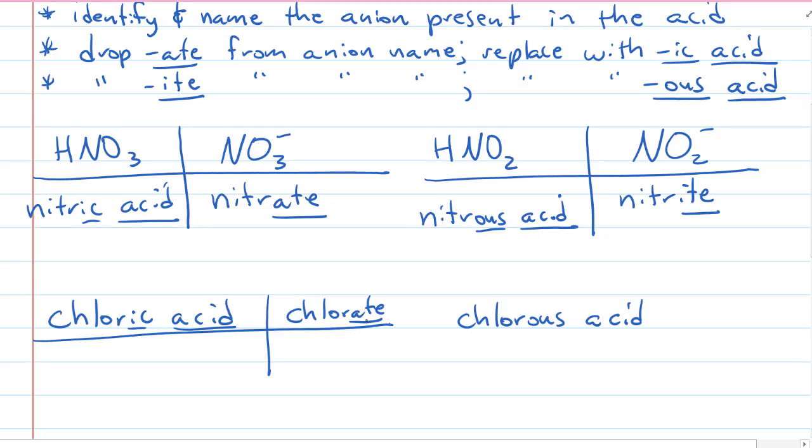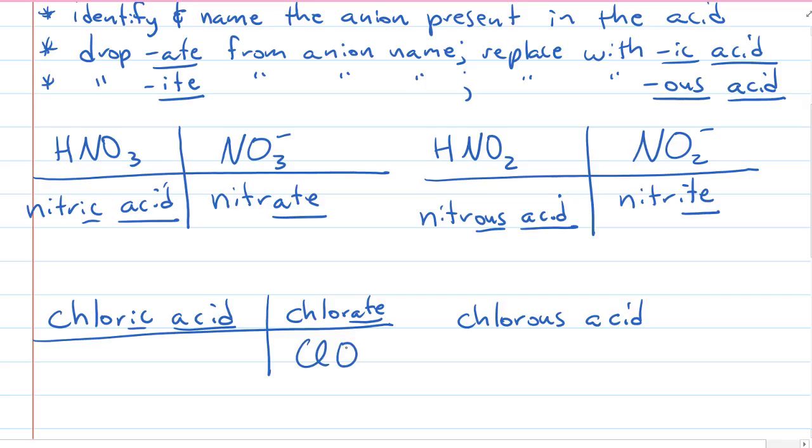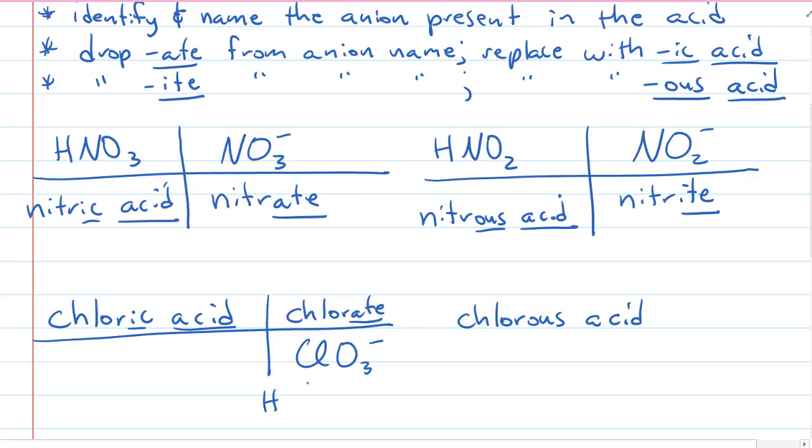And the chlorate ion has a formula of ClO3 with a single negative charge. This is one of them that you had to memorize. Now if we want to write the formula for an acid, that means we're going to combine it with which element? Hydrogen. Hydrogen always has a charge of 1 plus. So if we combine with a single positive charge, we put these two together, we get a formula of HClO3.